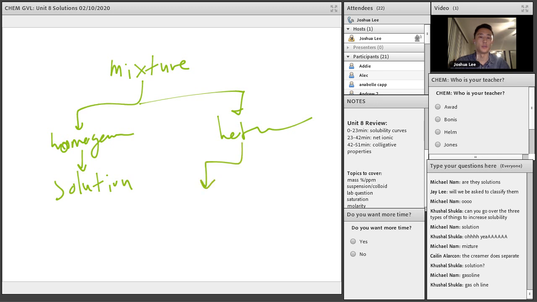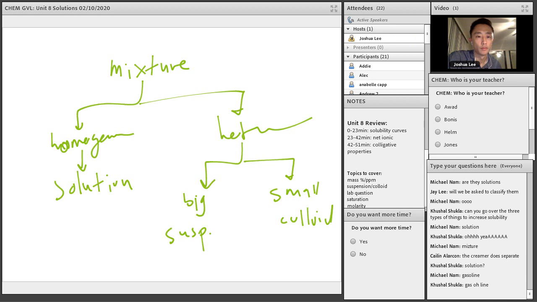If it's heterogeneous, and the particles are big, we call it a suspension, and if the particles are small, we call it a colloid. So that's that.